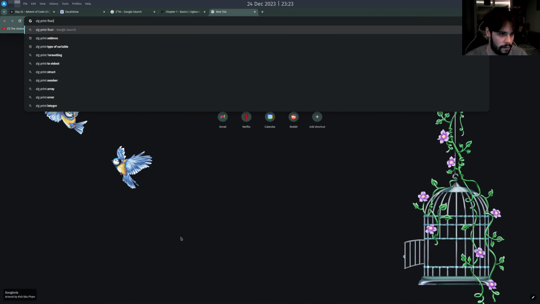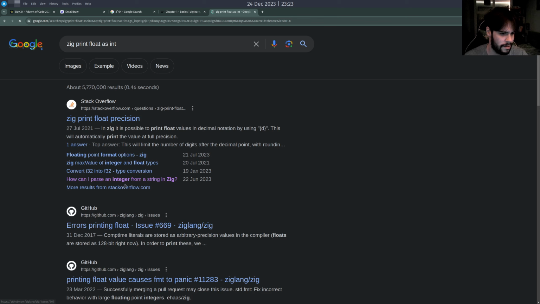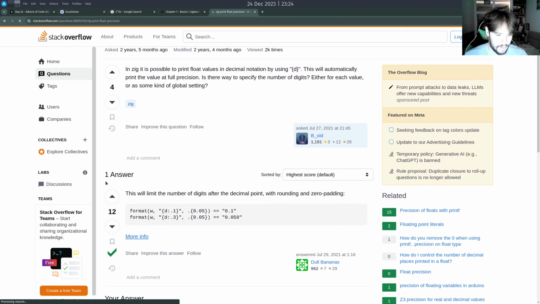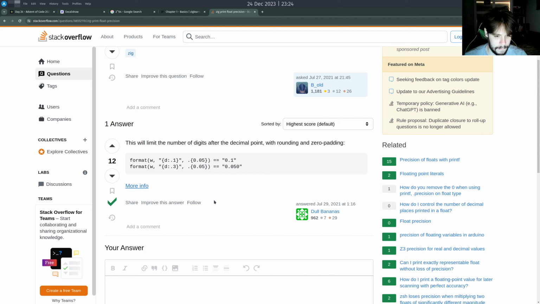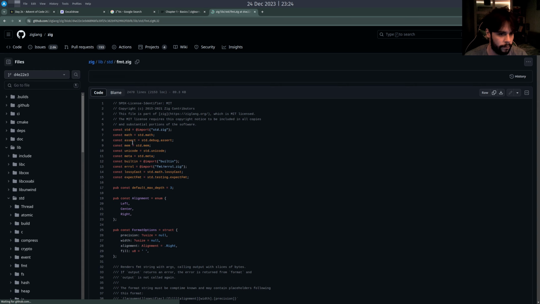Zig print float as int, kind of. Zig print float precision. Oh god.